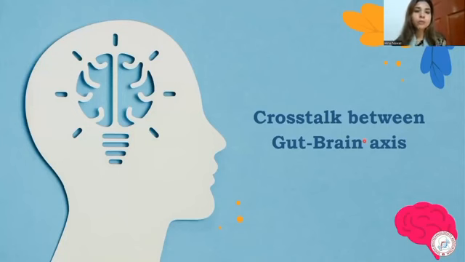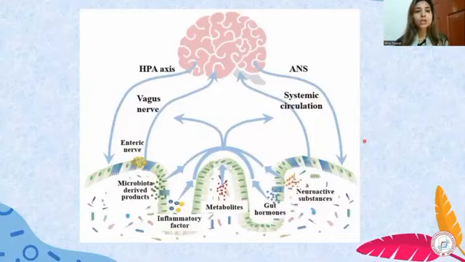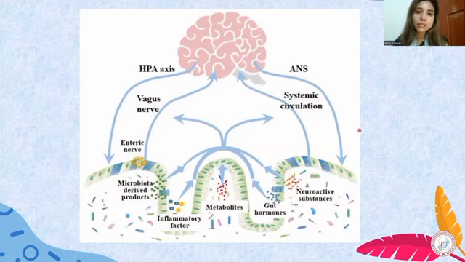Now we are going to see what the crosstalk between these two things, the brain and the gut, actually is. It is known as a bidirectional relationship. As you can see in this figure, our brain is connected with our gut via the HPA axis, or hypothalamic-pituitary-adrenal axis, and also via the autonomic nervous system.